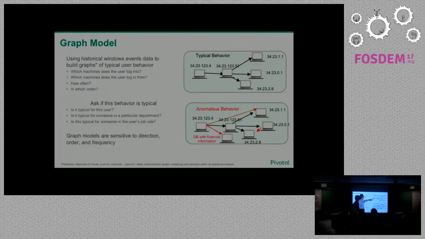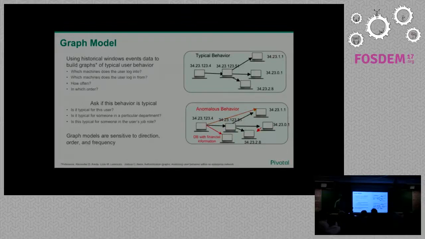So in the typical behavior, they log in from, say, their home machine to this machine, and they touch these servers. In the anomalous behavior example, they log in from this machine, but they also go directly to other machines. They go to a machine that they've never been on before, which has a database with financial information. It's a different kind of footprint.